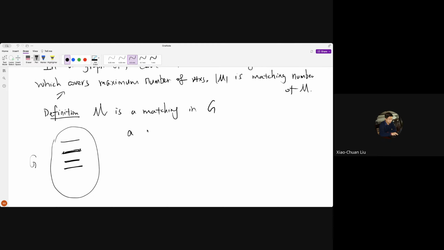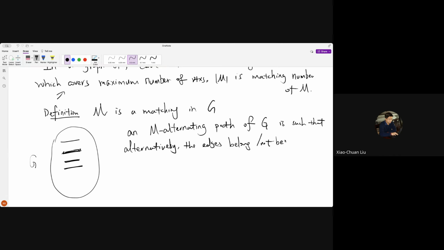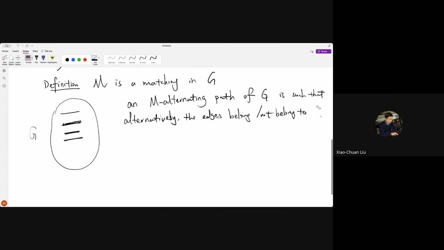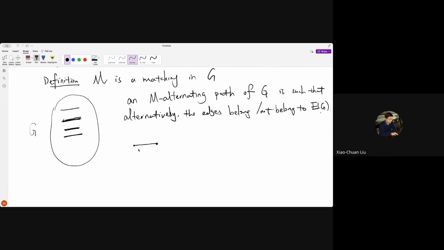So we define a path in the graph. Let's say an M alternating path of G is such that, so it's a path, and alternatingly the edges belong or do not belong to M. What I'm saying is that you have an edge here, so it's a path, but this edge is an edge of my matching, and this edge is not.